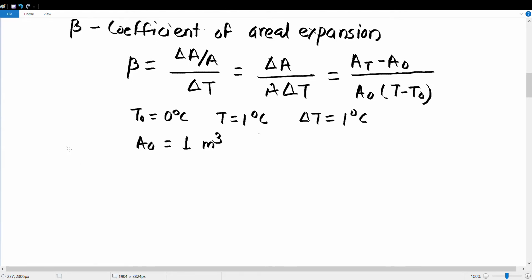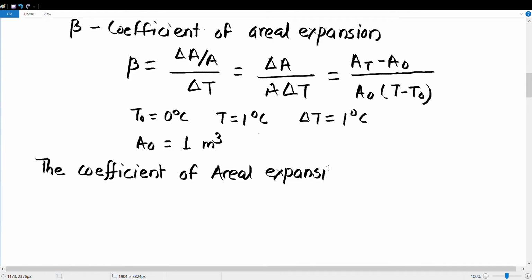So from this data, the increase in temperature is unity and the area is unity, then the coefficient of areal expansion, whose second name is the coefficient of superficial expansion.